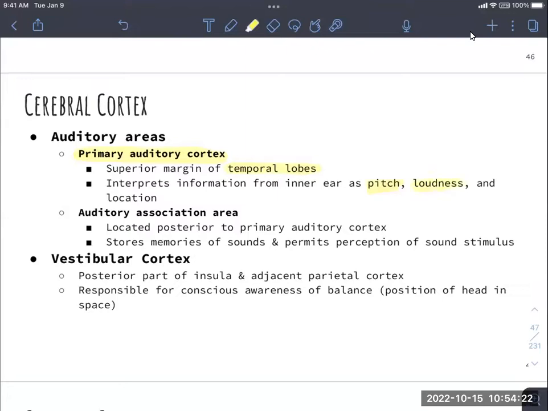How loud is it? And the location, like where is it coming from? Is it coming from your computer? Coming from the TV? Are you hearing noises from outside? That is all being determined at that primary auditory cortex.